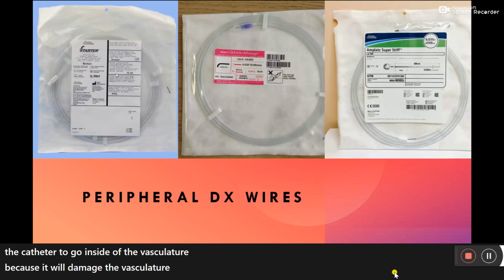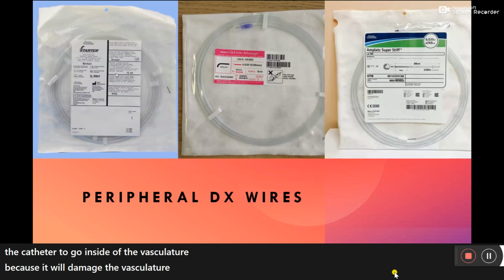So you need to be very, very mindful of how to handle your glide wire. The glide wire advantage is a traditional glide wire for like the first, I don't know, 10 centimeters or so. And then everything after that is not hydrophilic coated. So it's regular wire, but it's a very stiff body wire.